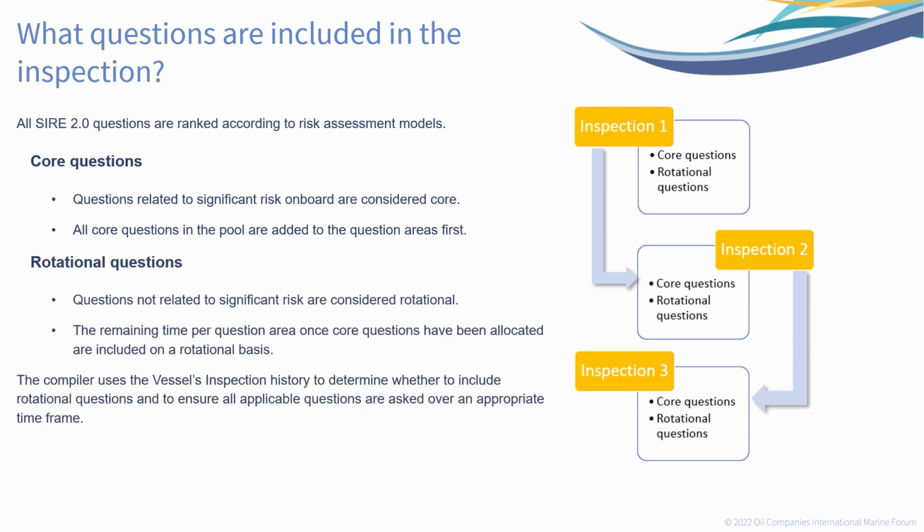Rotational: the compiled questionnaire ensures that all non-core questions are covered over a period of time, and that each inspection template is designed for a defined duration. Conditional: specific questions based on the available data on the vessel, the operator, or the ship type. Campaign: questions based on areas of specific focus that may be identified by OCIMF and its membership and are applied over a limited period.